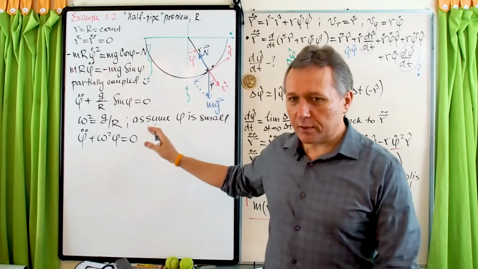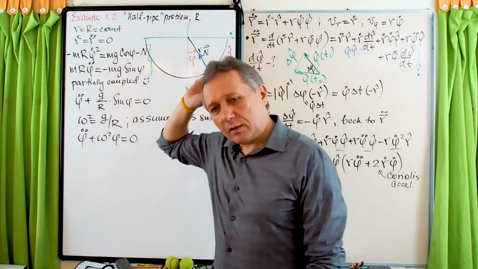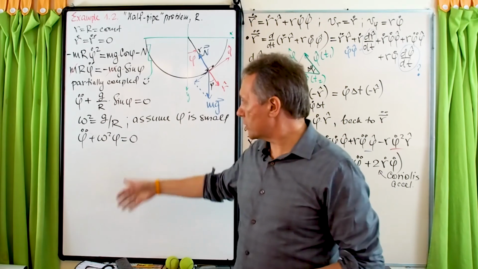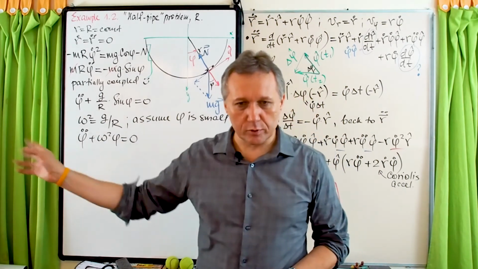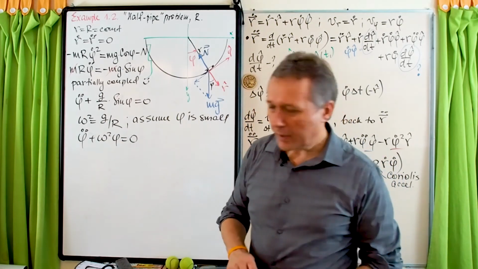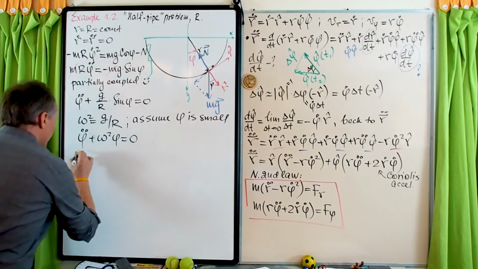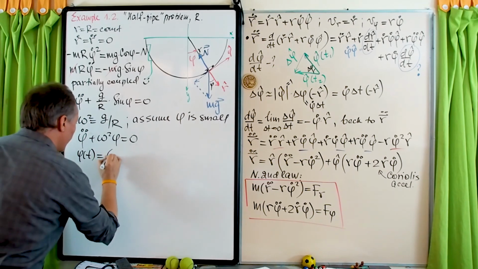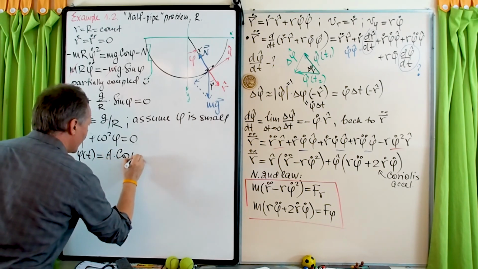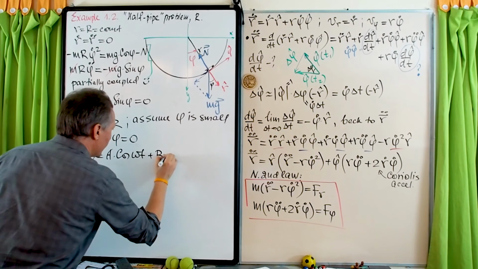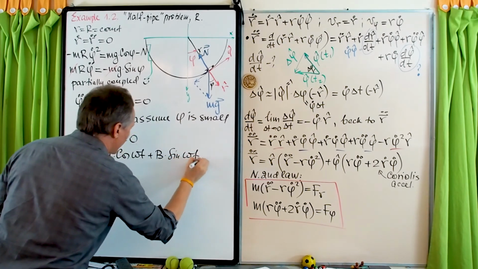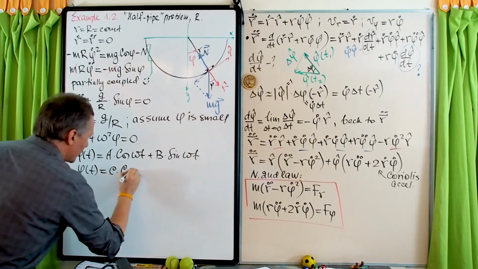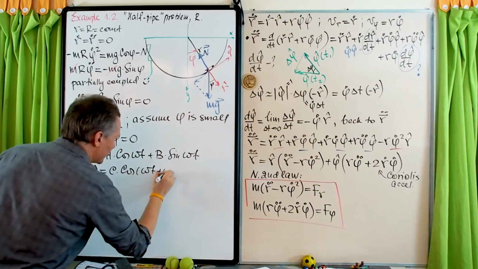I'll stop solving this equation because we're going to spend quite some time in chapter 5 discussing all the solutions for this equation. Right now I'm just going to write down the solution, which of course you know. Phi can be written in two forms: A cosine omega t plus B sine omega t, one option, or phi equals C times cosine of omega t plus delta.